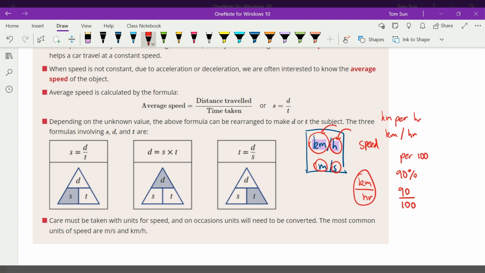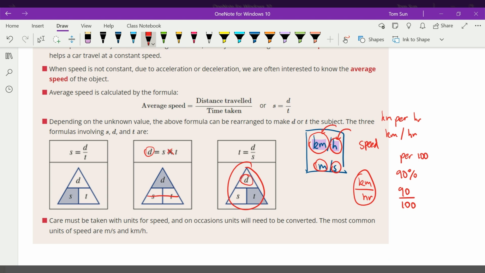This triangle helps us understand what the formula can be. The distance is at the top, and we can figure out the distance if we have speed and time. Because speed and time are in the same horizontal line, they're multiplied together.